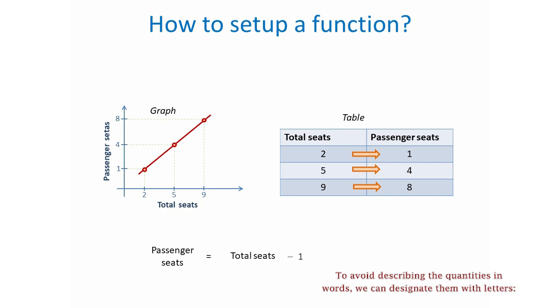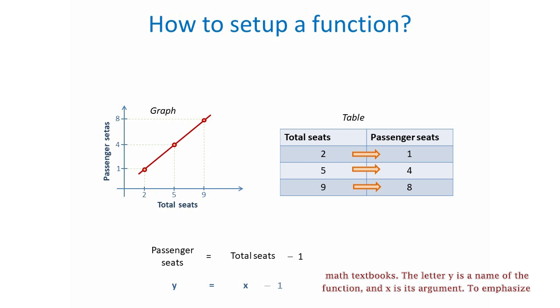To avoid describing the quantities in words, we can designate them with letters. One quantity can be denoted as x and the second one as y. It's more convenient, isn't it? No need to speak words. The result is a short, compact notation which is usually found in math textbooks.